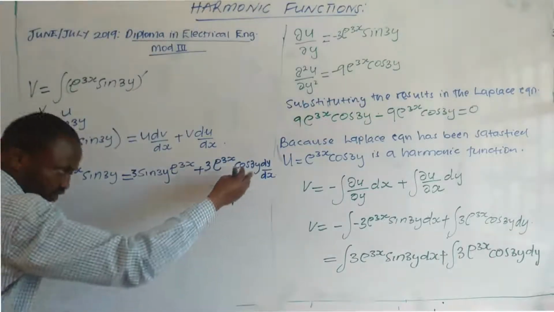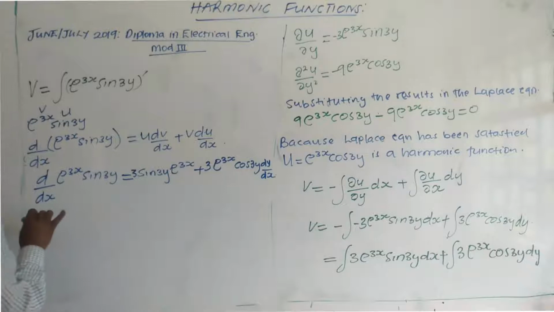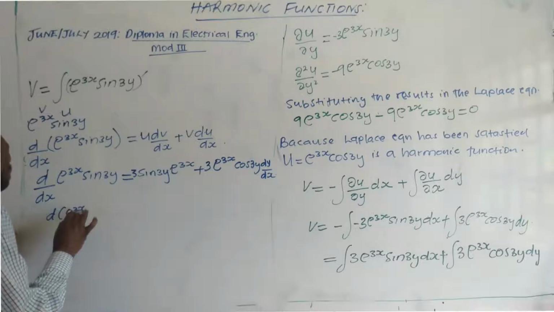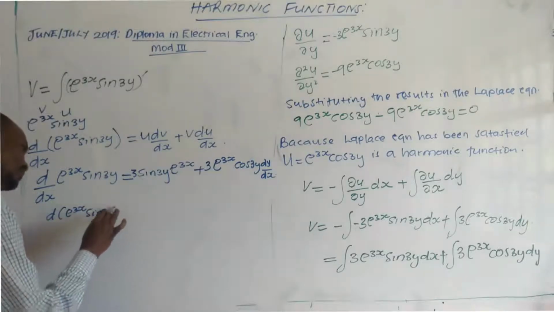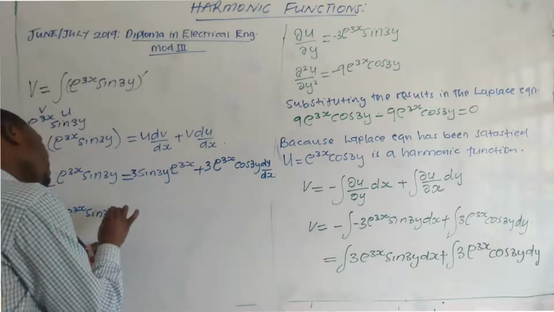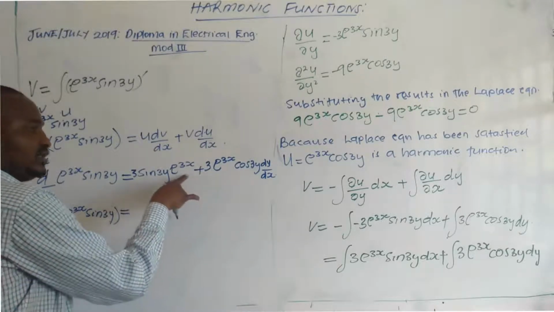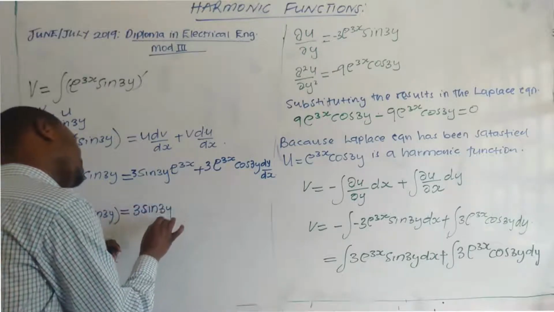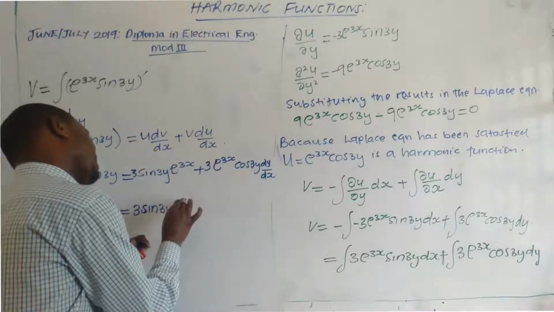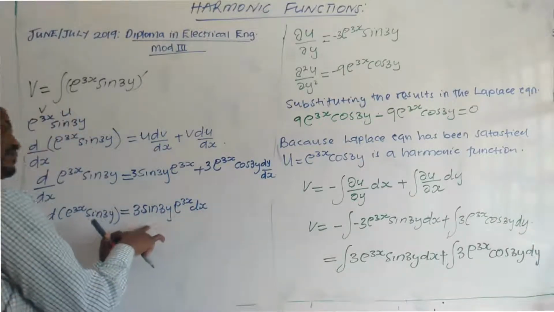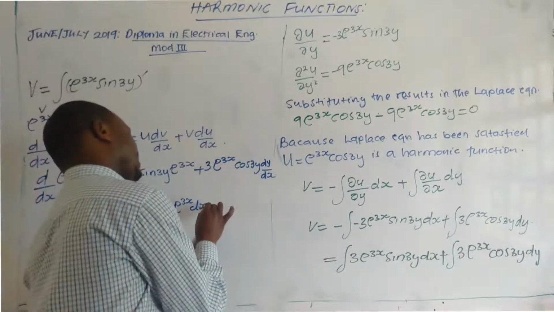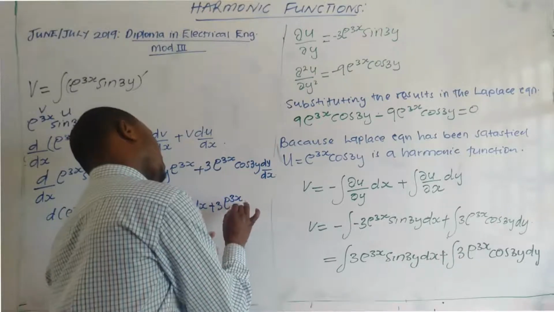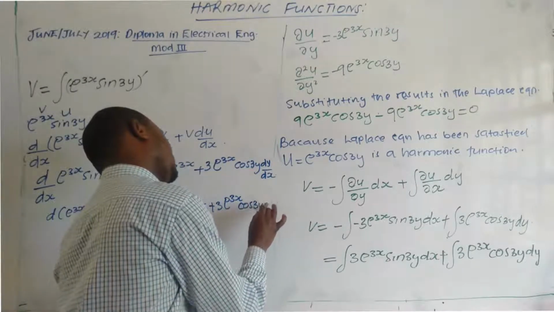What if now we cross multiply it with dx? We will get exponential 3x sine 3y is equal to, here we have a dx, 3 sine 3y exponential 3x dx plus 3 exponential 3x cos 3y dy.